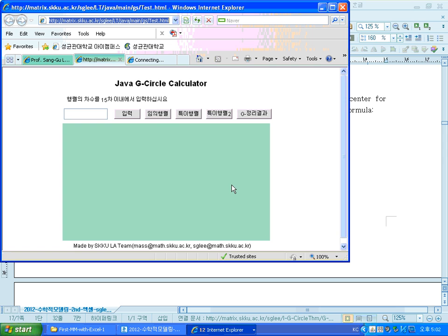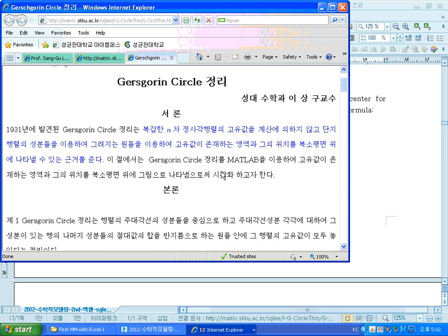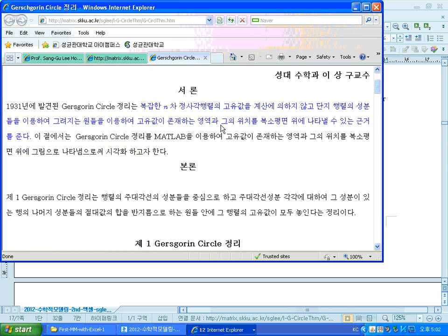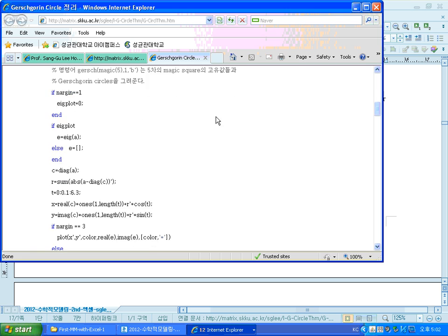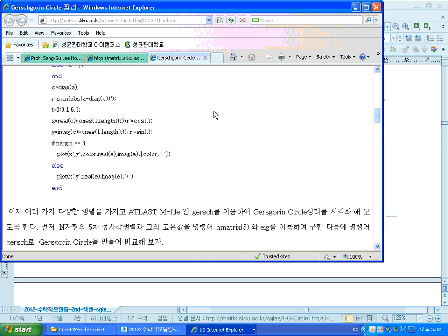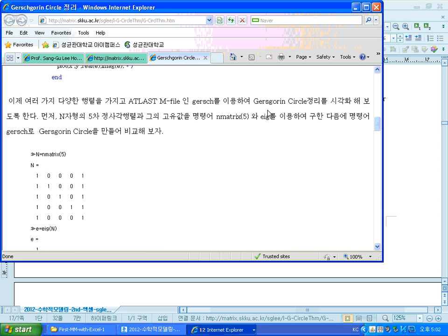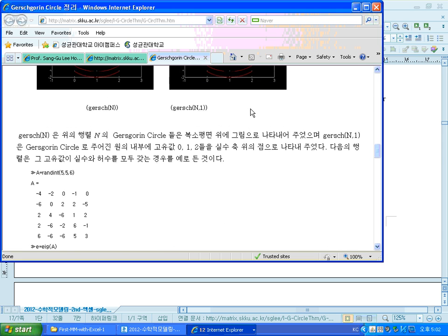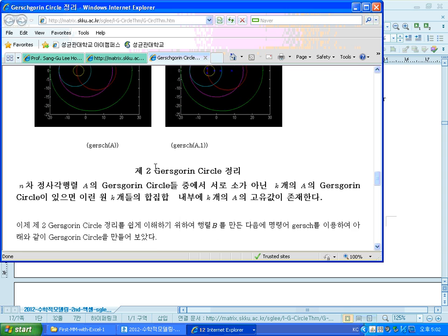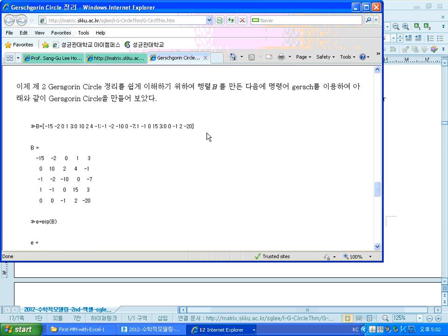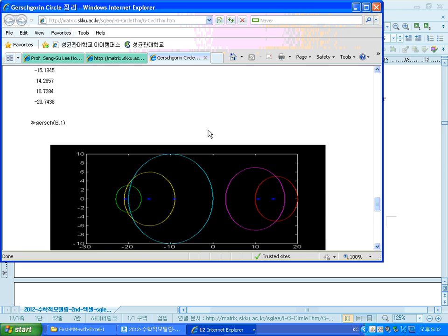You may see some more information on the Gershgorin circle theorem, which was written by me at this web address. Here is some history and the Matrep command, a mathematical Matrep command, which shows the Gershgorin circles, and it shows the eigenvalues are inside of one of those circles.